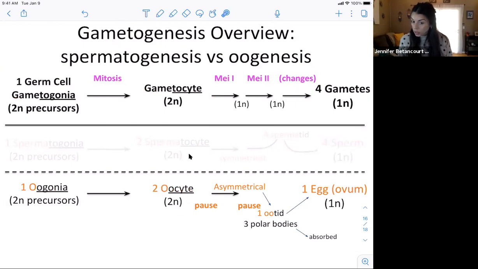Now these oocytes, once it's time for them to undergo meiosis, they do, but they don't form equally sized daughter cells. Because of that, we say that they undergo asymmetrical division. Asymmetrical means different size daughter cells. What's all this other stuff I'm putting here? Pause?